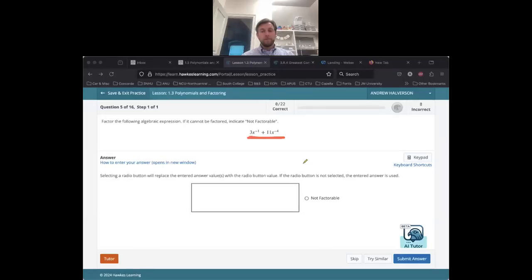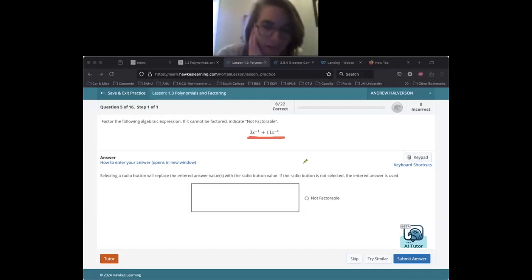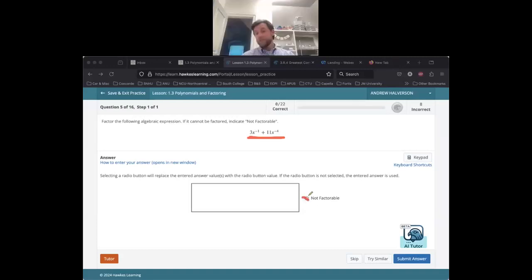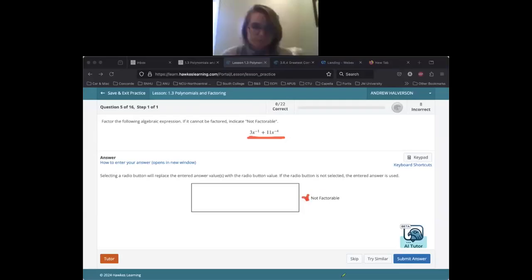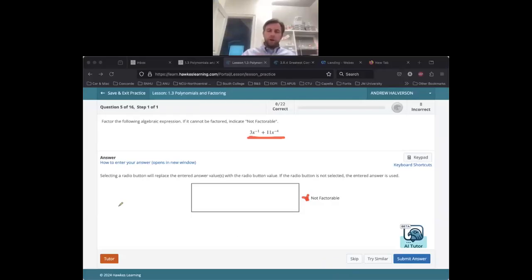Nope, actually, the exponent is negative, so negatives can't be. Okay. Not factorable. Technically, you could factor it. There is a technical part of it, but for our purposes, no, not factorable.